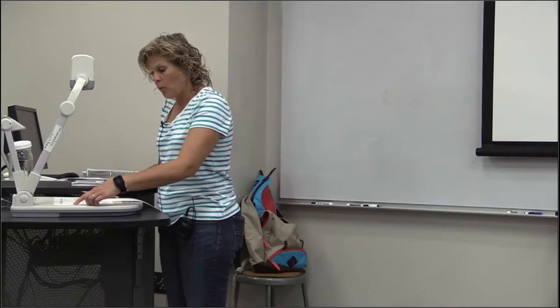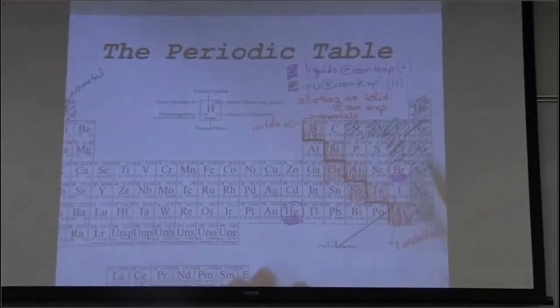Iodine is a solid at room temperature. Iodine, selenium, sulfur, phosphorus, and carbon are all solids at room temperature. Everybody that's not marked is a solid at room temperature. So that means on this periodic table, what state is hydrogen? Okay, and then all the others that are green are gases.